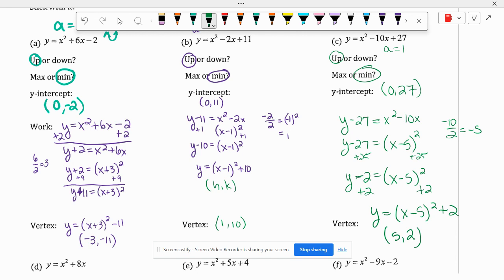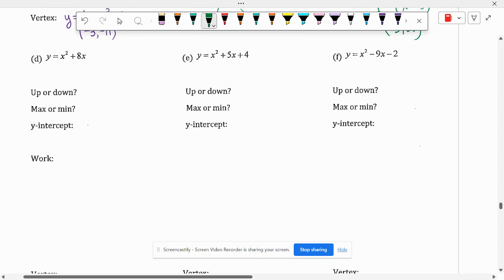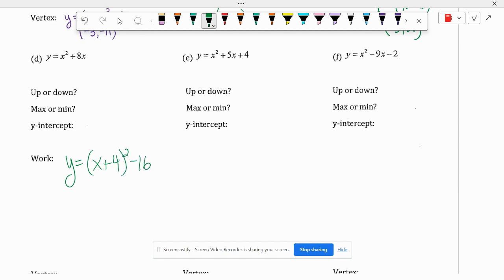So everybody look at number 3. Number 3 is posted. Number 4, I'm just going to write out what it is really fast. Number 4 is going to be y equals (x plus 4) quantity squared minus 16. So your vertex is negative 4, negative 16.